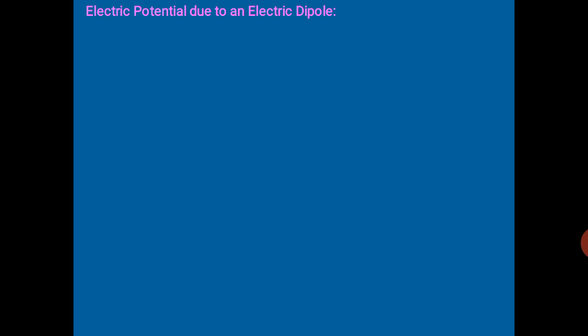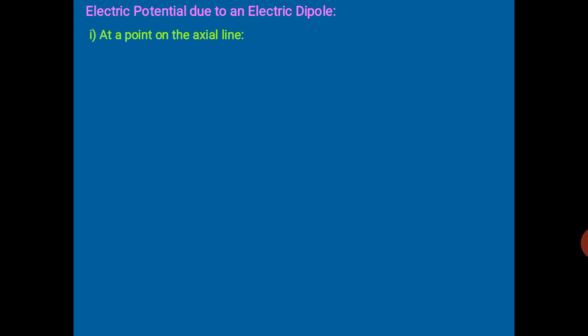We have already calculated the electric field due to an electric dipole, but today we have to discuss electric potential due to an electric dipole. You have studied the axial line and the equatorial plane or equatorial line.